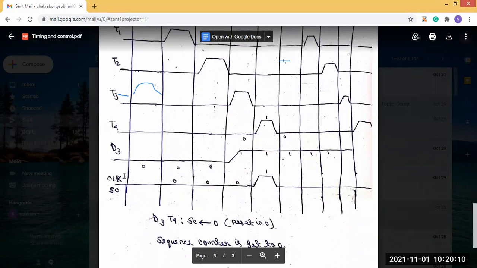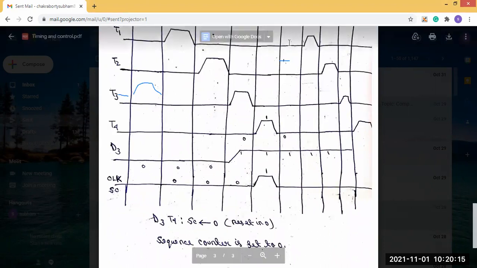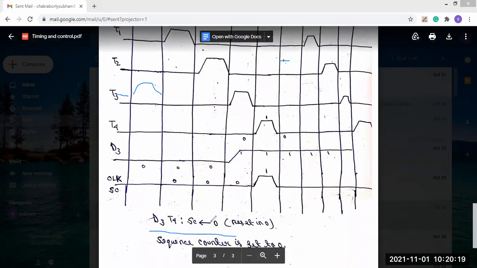Now, after that, you see the clear, and the sequence counter is reset. So we can write SC tends to 0. The meaning is that the sequence counter is reset, or set to 0. After which timing signal? After the T4 timing signal. So that's why it is written T4.